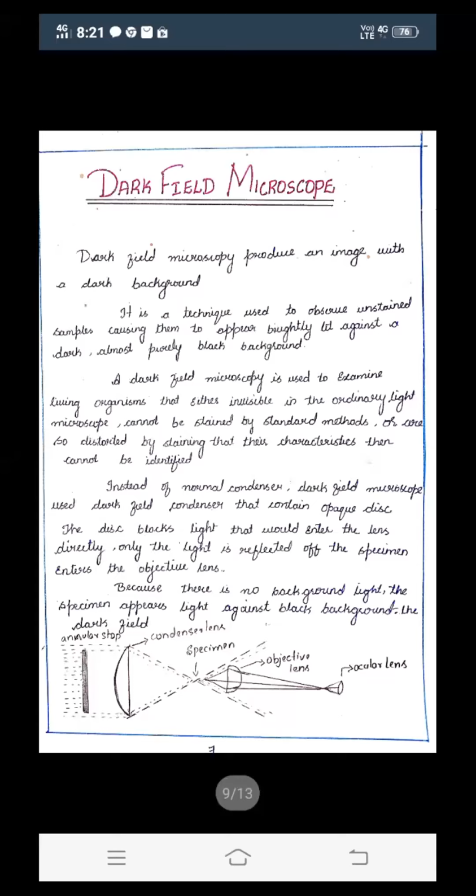Dark field microscope produces an image with a dark background. Wait, I will show one photo, how it looks.